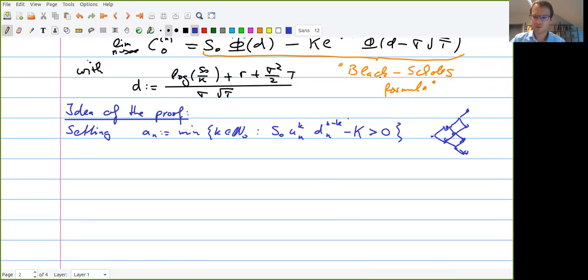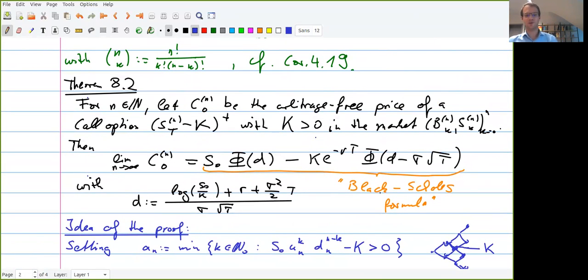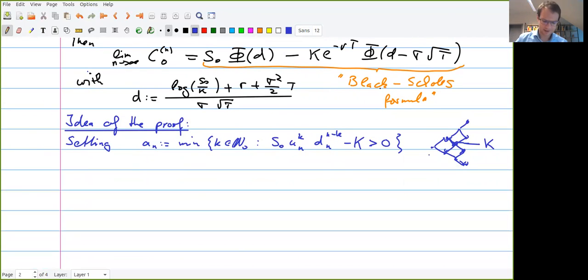And now I ask for the set. If I put here my strike price K, how many upwards movements do I need to be above K? Well, I need probably at least one. At least two, sorry, at least two upwards movements, because this looks higher, right? So if K is at this level, then it's two upwards movements. So this is my minimum. Setting like this, you get from 8.1, right?